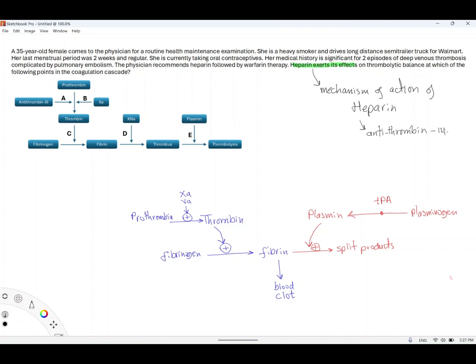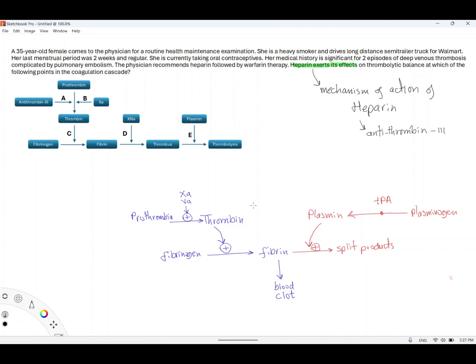That means heparin is going to inactivate thrombin. That's the main goal of it. Look, it's called antithrombin, right? So heparin potentiates antithrombin 3. That's just one of its actions, but of course it inactivates multiple other factors as well.